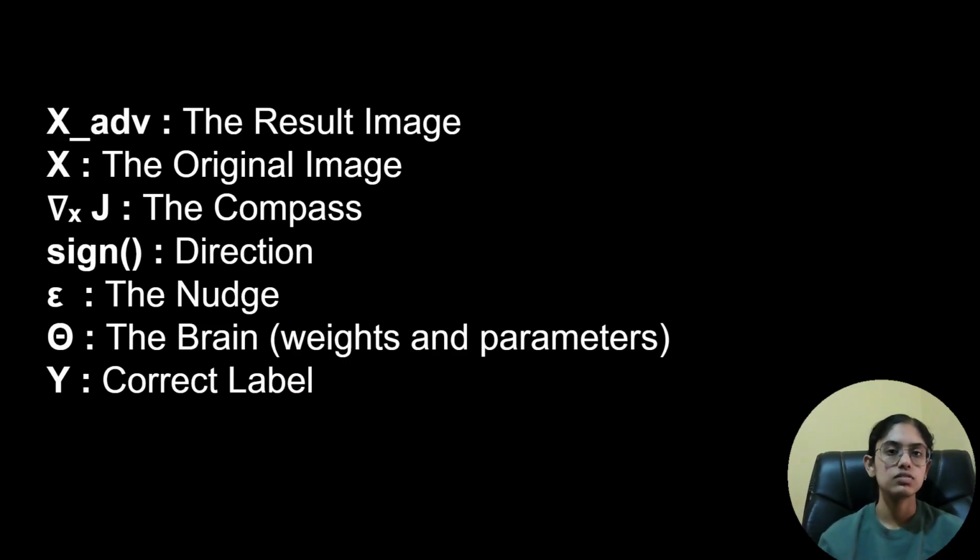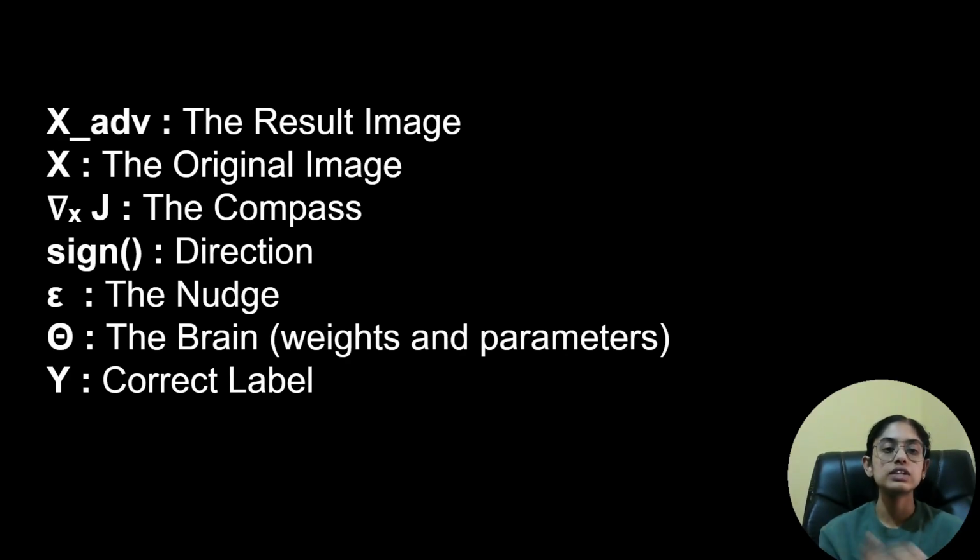This X with the tilde is our resulting image, and X is our original image. Next is the gradient of J with respect to X. Assume it as a compass: this function tells which pixels must be changed.